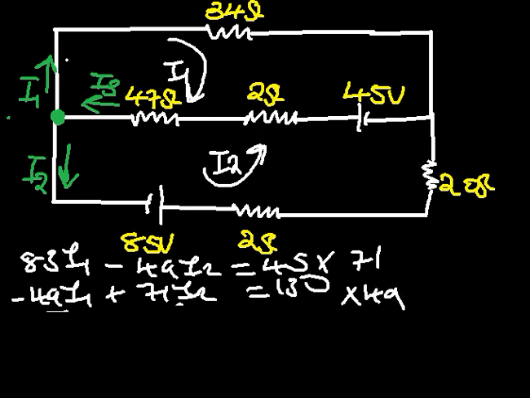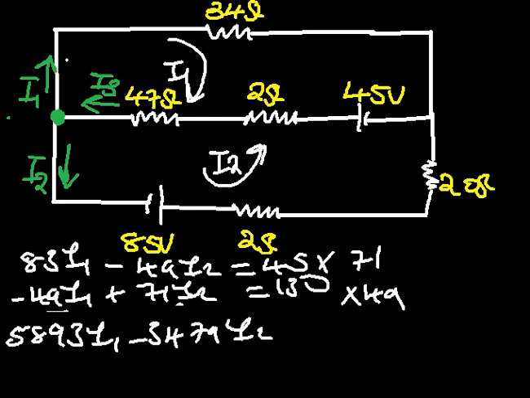So we'll have 71 times 83, which is 5893. So we have 5893 I1 minus, now 71 times 49, that will be given as 3479 I2.